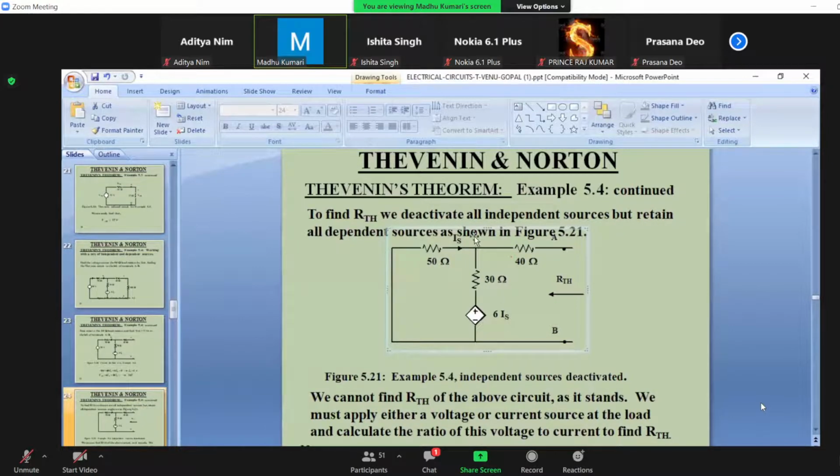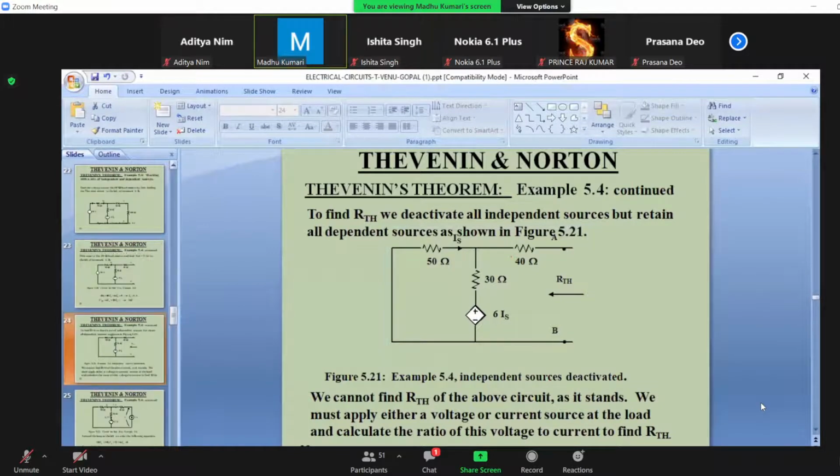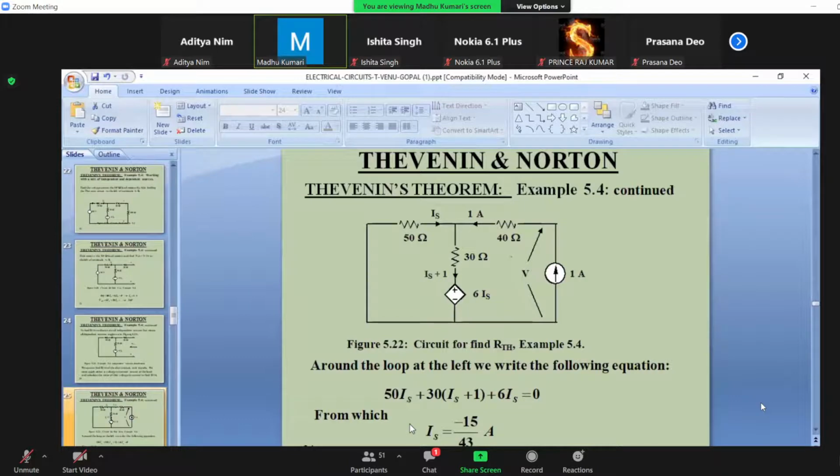So we have to calculate the current, and then VThevenin by I, using the IS you calculated earlier. Now, see here. 50 IS, now suppose a 1 ampere source is connected here.